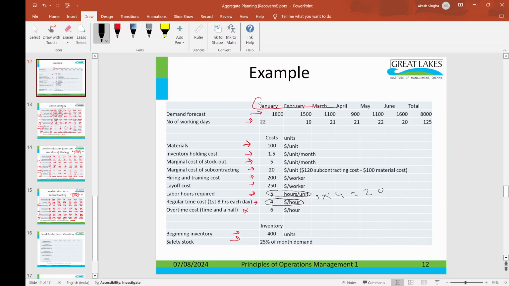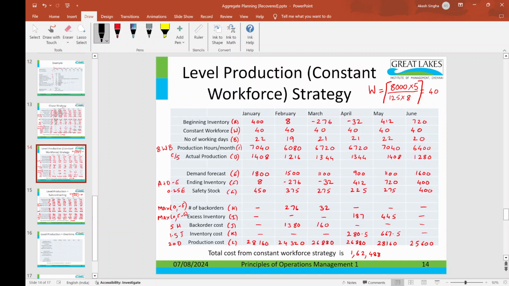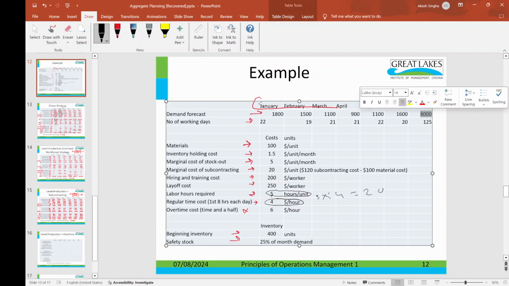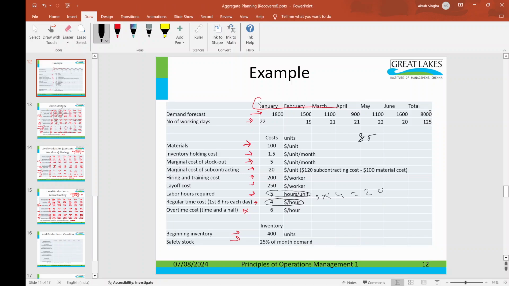And in a single day, 8 hours of work are done. From that we can calculate how much workforce is needed on average. 8,000 is the total demand, and per unit 5 hours are needed, so the total hours needed is 8,000 into 5.